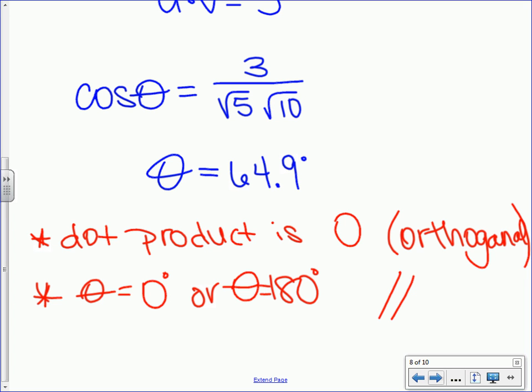Also, like we talked about before, if they are scalar multiples of each other, then they are parallel. A positive scalar multiple would be same direction, negative would be opposite.